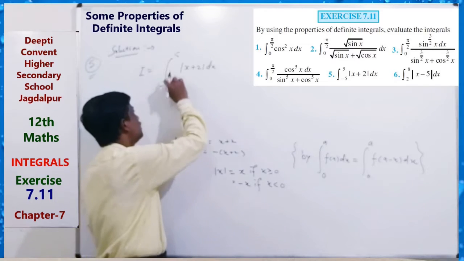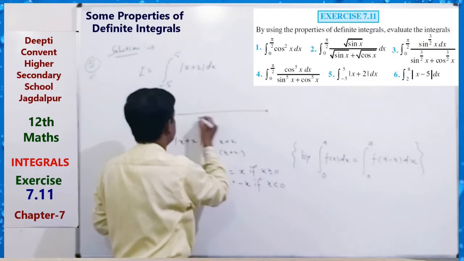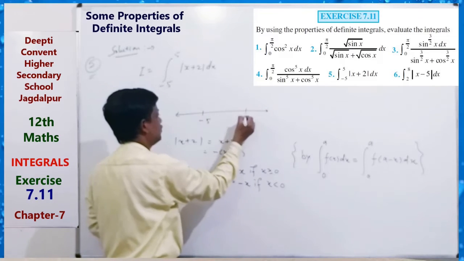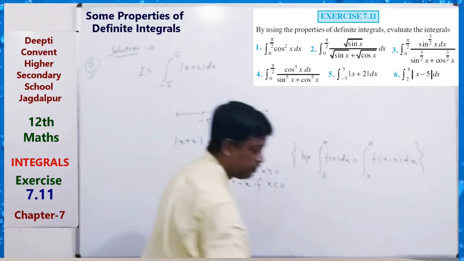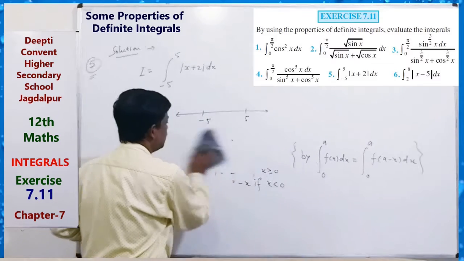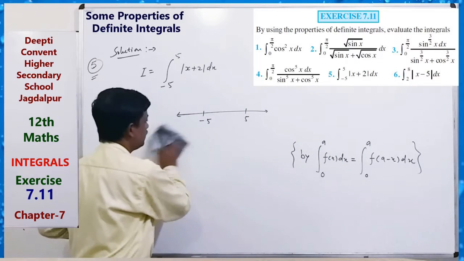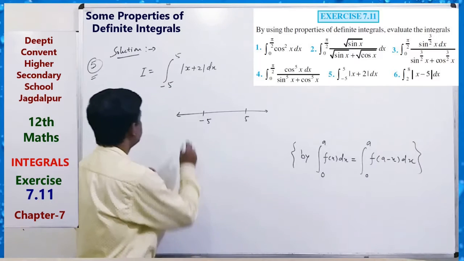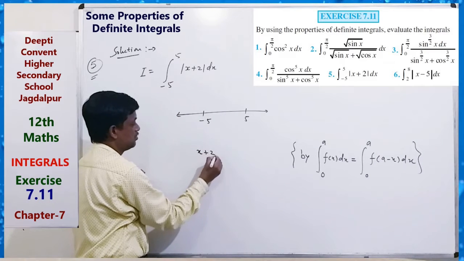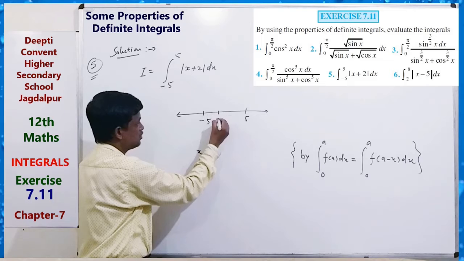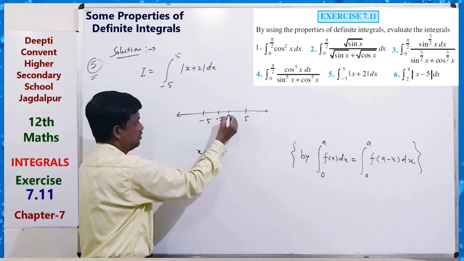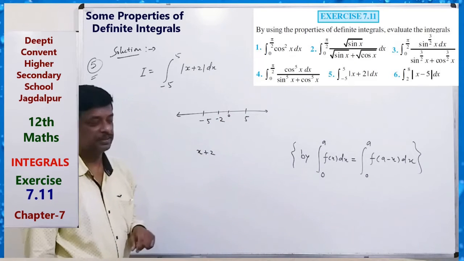But here the limit is minus 5 to 5. Now we see that x plus 2 is 0 at minus 2, and the range goes up to 5.